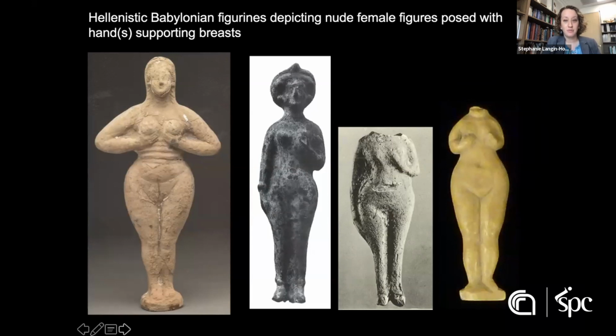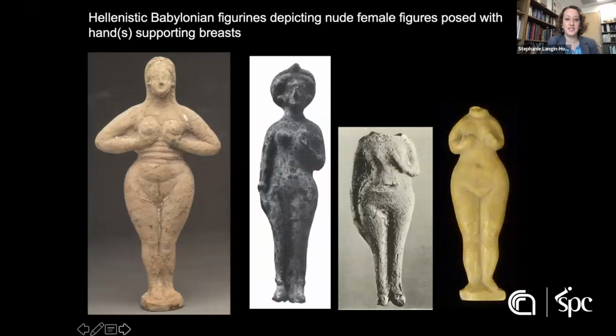That both interpretations were supposed to be possible, just as the female body itself and the breasts as part of the female body were and are multivalent, can be used for eroticism and can be used for fertility and maternity and nursing on the same body, on the same woman, on the same figurine.